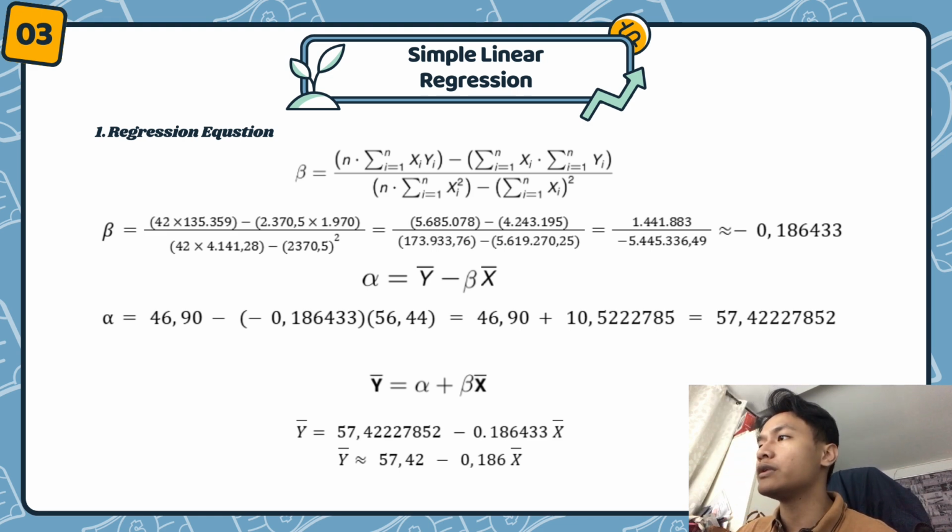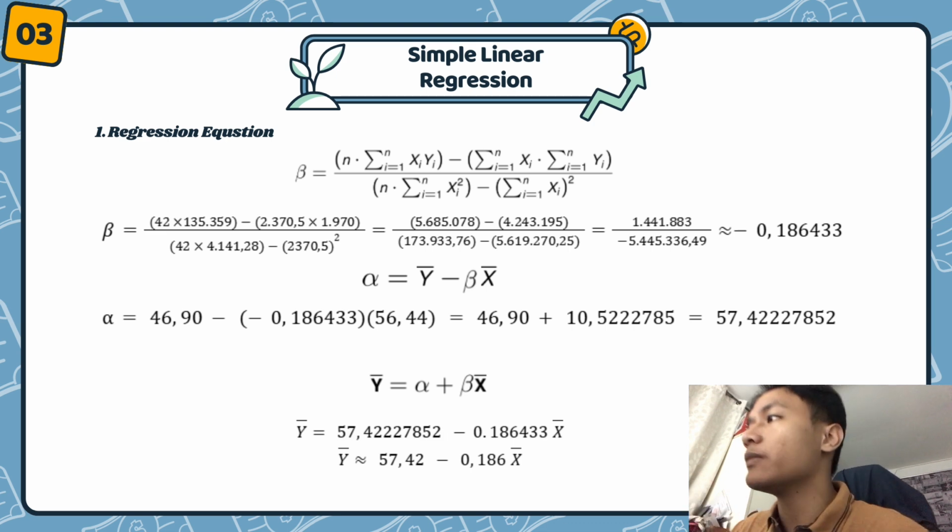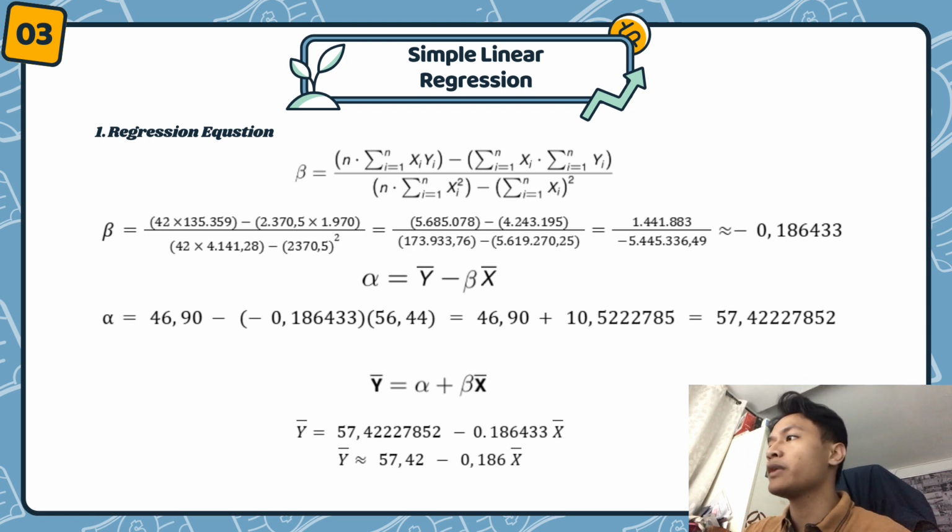And then we go to the values: y we got 46.90, and beta we got 0.186433 from the previous calculation, and x we got 56.44.